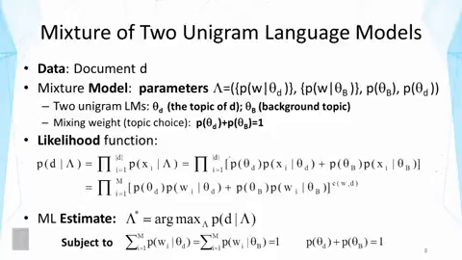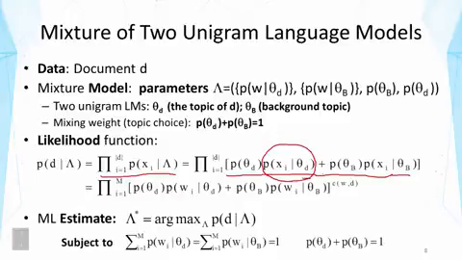So what does the likelihood function look like? Well, it looks very similar to what we had before. For the document, first it's a product over all the words in the document, exactly the same as before. The only difference is that inside here, now it's a sum instead of just one. So you might recall before we just had this one there.